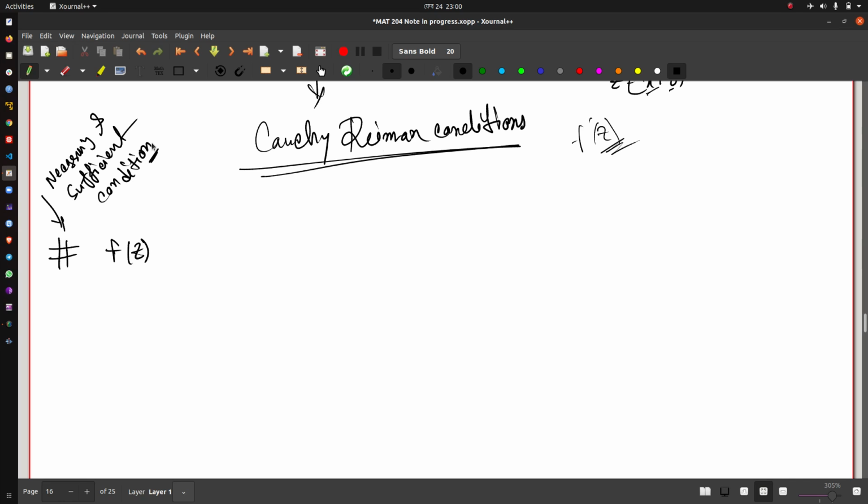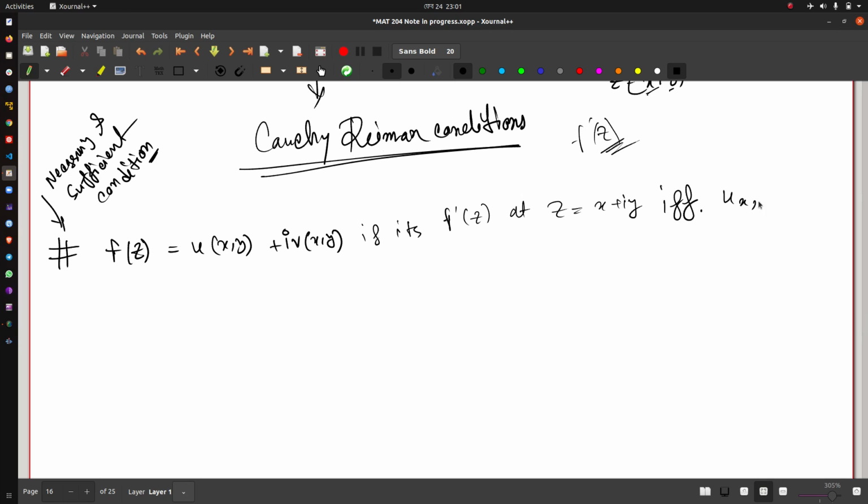The theorem tells you that if your function f of z, given by u + iv, with u and v functions of x and y, is differentiable, that means you can get some f prime of z at z equal to some point, let's say x plus iy, in a region inside our complex plane, if and only if the partial derivatives, that means ux, uy, vx, vy, are continuous.